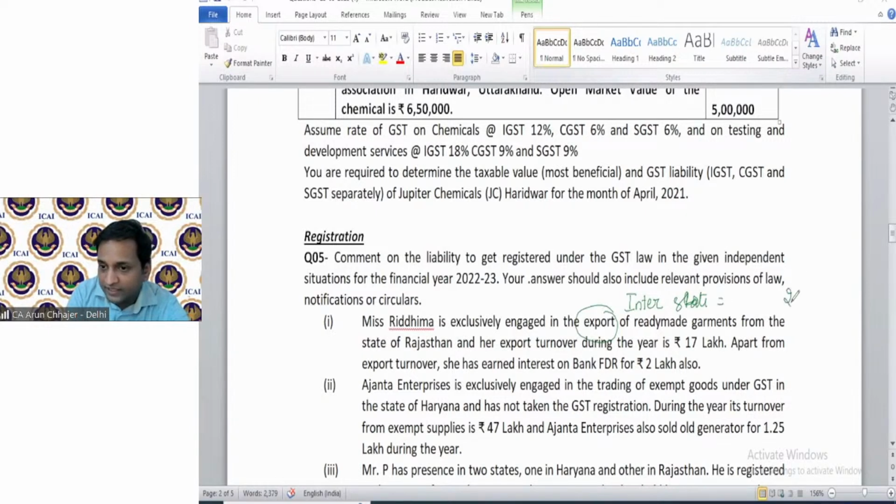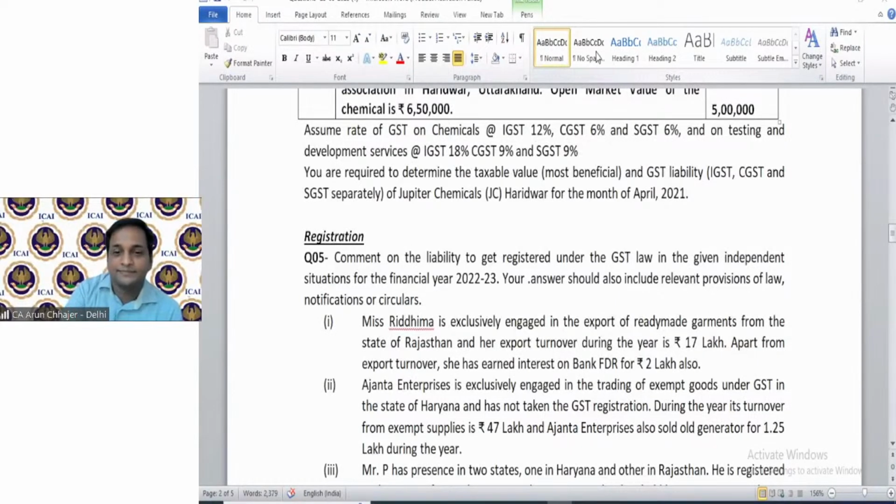And as per Section 24, first clause, if you are making the interstate supply of taxable goods, you have to take mandatory registration irrespective of your aggregate turnover. So I am satisfied with the reply which you have given for question number 1.